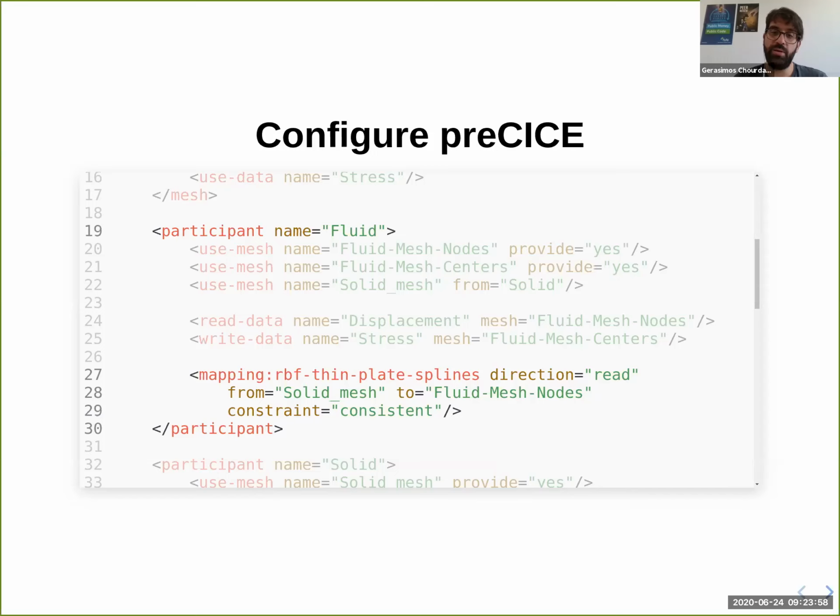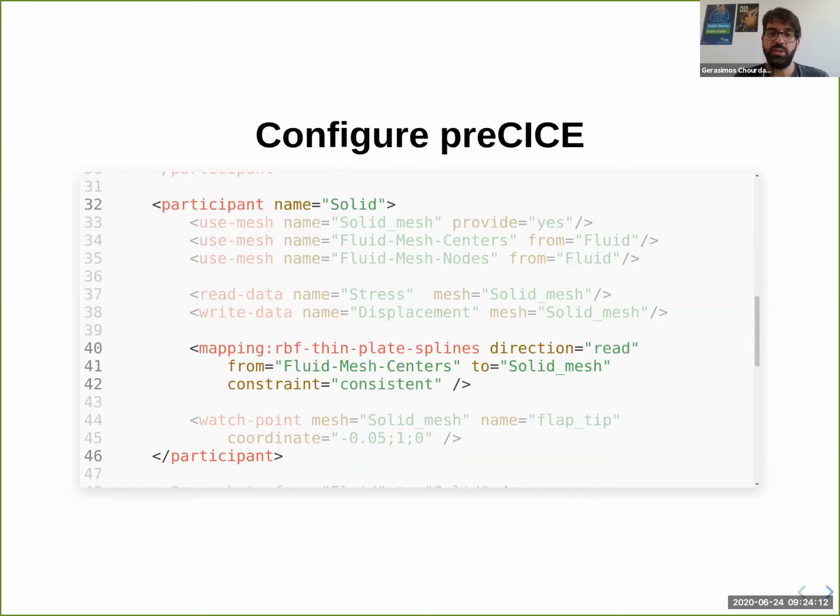And this is a read mapping from the solid mesh to the fluid mesh nodes. And it's a consistent mapping, as we are only mapping stresses and displacements here. We do the same for solid.